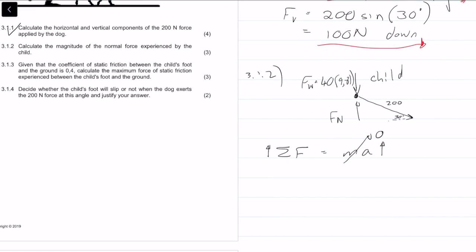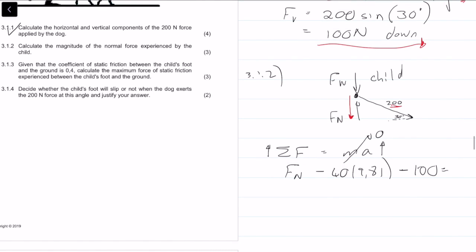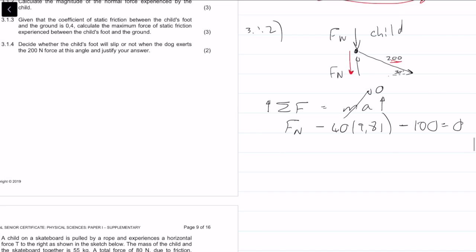So what we can say is that the force normal, which is positive, minus 40 times 9.81, which is the force acting downwards, let's just leave that as FW, minus that component of the 200 Newton force, and we've already calculated that as 100 newtons, is equal to 0. Okay, and substituting values in and taking Fn across, we get the normal force is equal to 492 newtons. And that's our final answer.